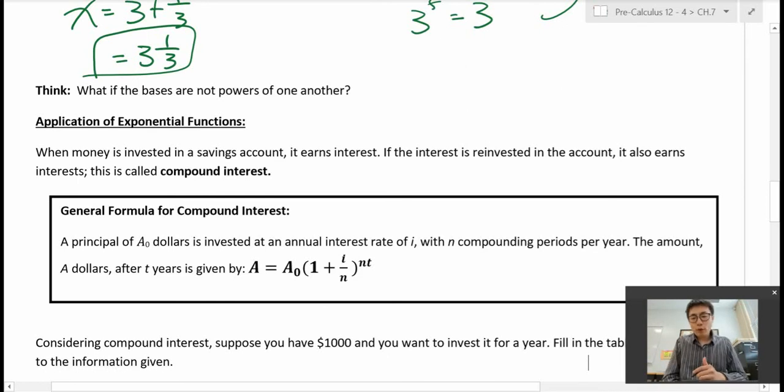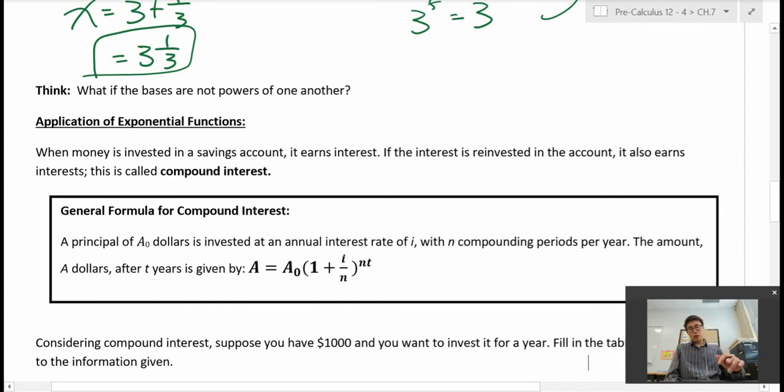So here's the general formula for compound interest. A principal of A naught is invested at an annual interest rate of i, that's the interest rate annually, with n compounding periods per year. The amount A, that's the amount that you get at the end, after t years is given by A equals A naught times (1 plus i over n), in brackets, to the power of nt.